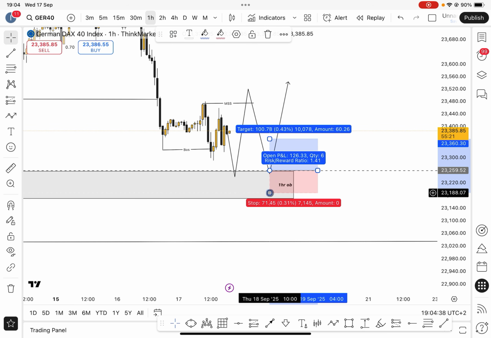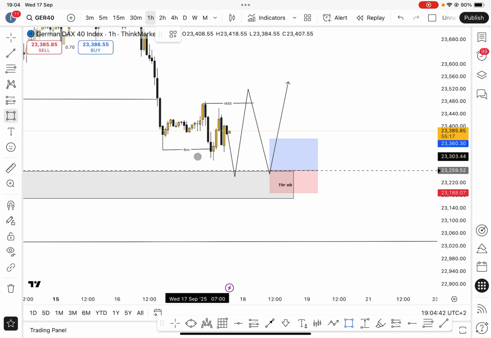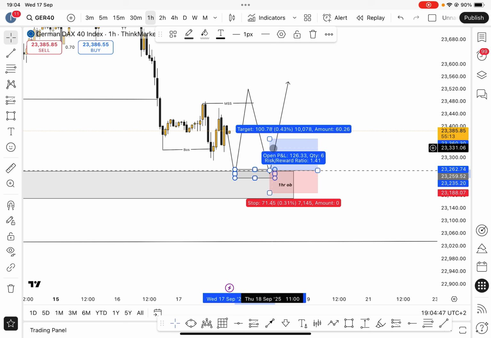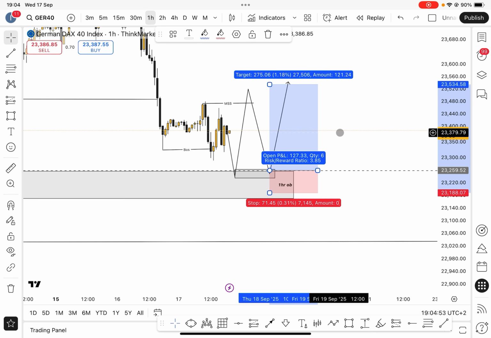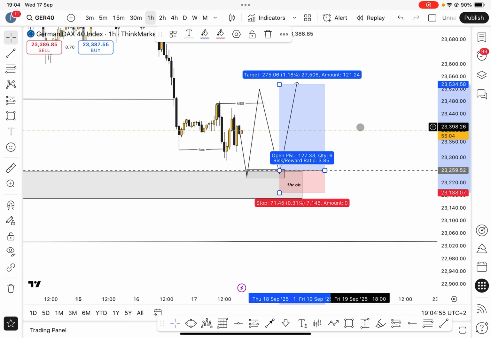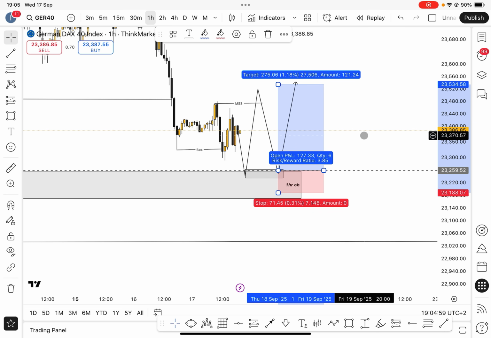Then my stop loss will be below the wick that caused the break of structure. Let me say this is it. Then my 1:2 is here. Sometimes I take 1:3, but I'm always having my realistic take profit.